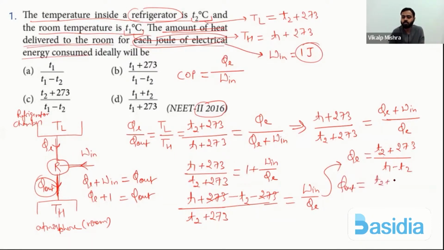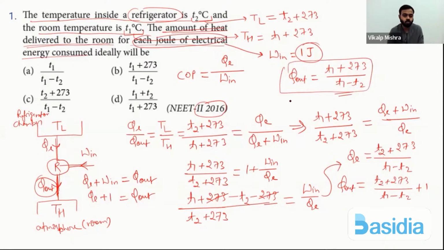So T2 plus 273 divided by T1 minus T2 plus 1. If you take LCM for the plus 1, it becomes T1 minus T2, and T2 will cancel out. So the answer is Q out equals T1 plus 273 divided by T1 minus T2.